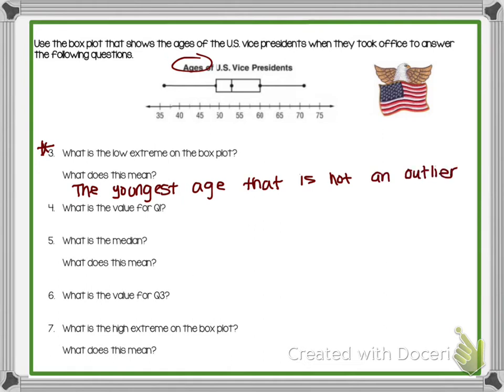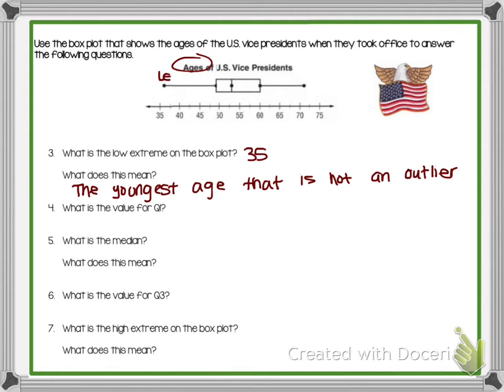So I guess we'll go ahead and answer number 3. What is the low extreme here? What is the youngest age according to this box plot of the U.S. Vice President? Yeah, this is the low extreme. So the answer is 35.